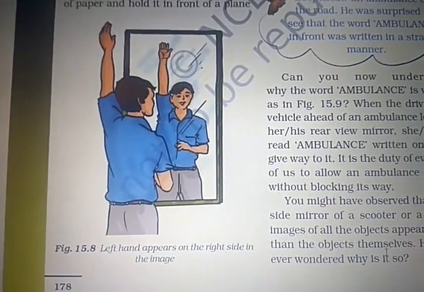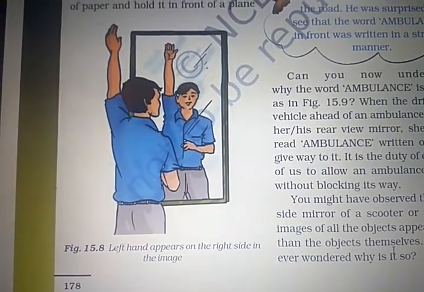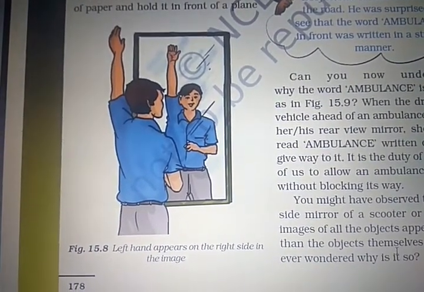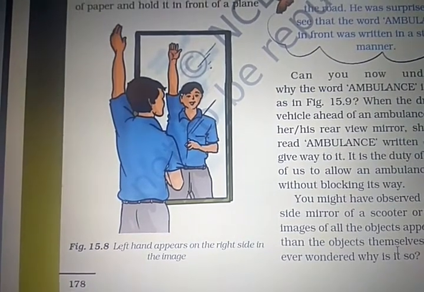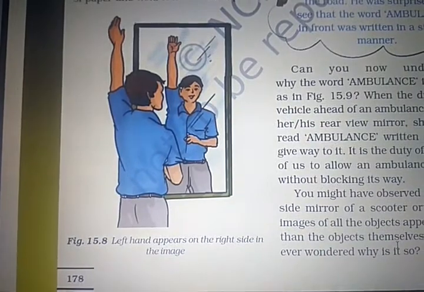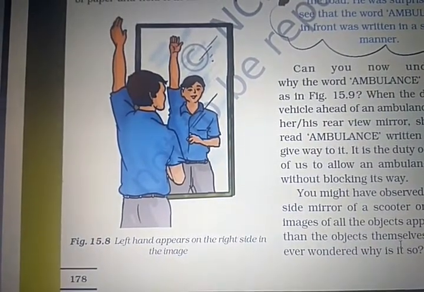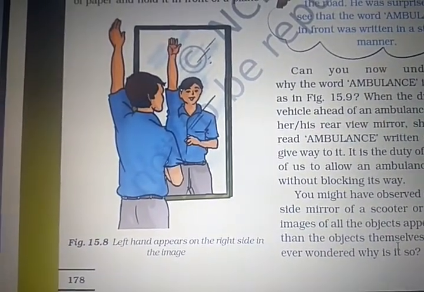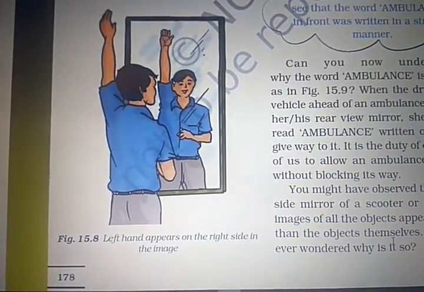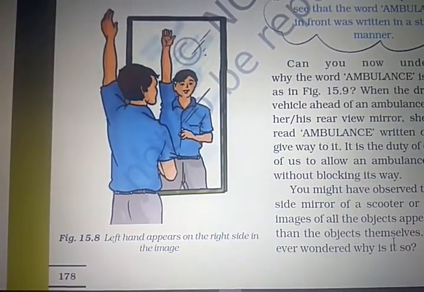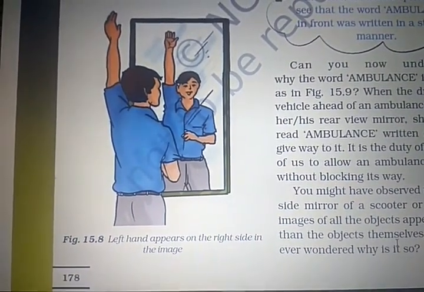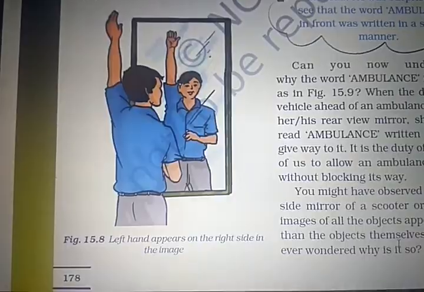And when you write with your left hand, when you observe the image in the mirror, it appears that you are writing with the right hand. So why does this happen? That phenomenon is known as lateral inversion. So another property that from the mirror you can observe is lateral image, means right to left, left to right, like that.